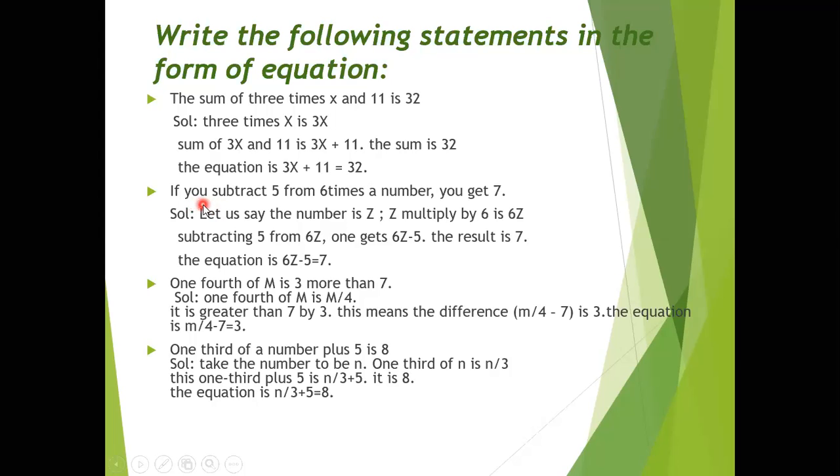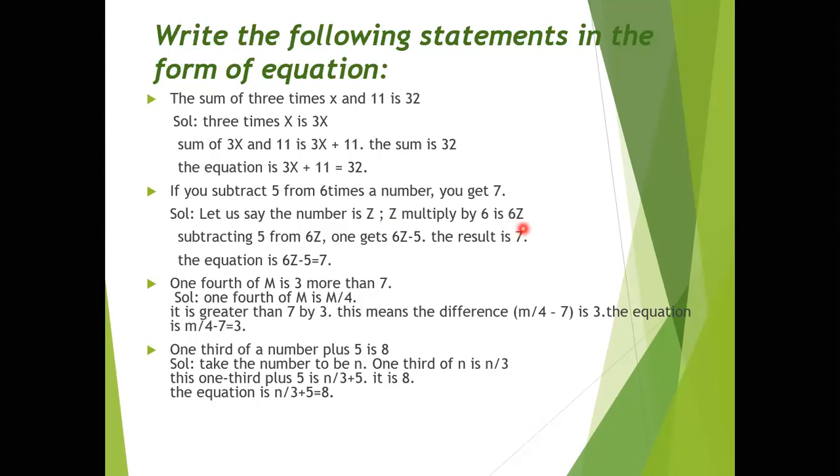Let us see another statement. If you subtract 5 from 6 times a number, you get 7. Let us say the number is z. z multiplied by 6 is 6z, so 6 times a number. The number can be z or x or y or p or q, l or m, anything.